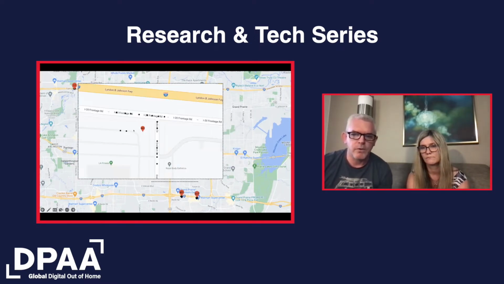Looking at our 401 example, we can see the billboard location indicated by the pushpin, and around it a number of black dots. These black dots are the locations where we have imagery of the billboard. At each of these black dots, we have an image that points towards the billboard, so we can see the billboard from that image, and that contains lots of really useful information.